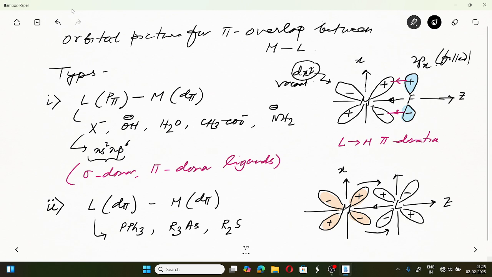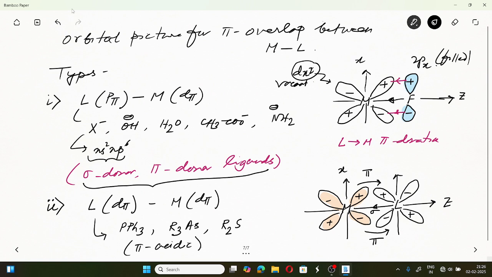That means sigma donation will be from ligand to metal, and then pi donation will be from metal to ligand. So of course, such ligands are pi acidic in nature because they are accepting pi electron density, isn't it? So try to understand that these are sigma donor pi donor ligands in the first case, isn't it?